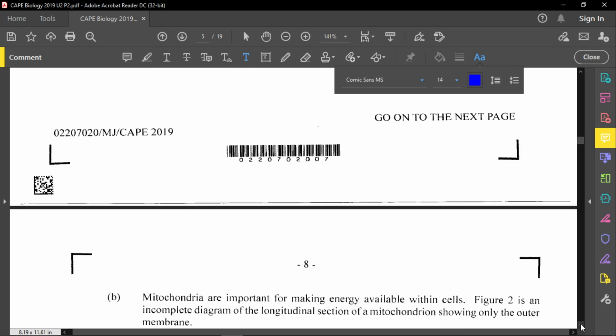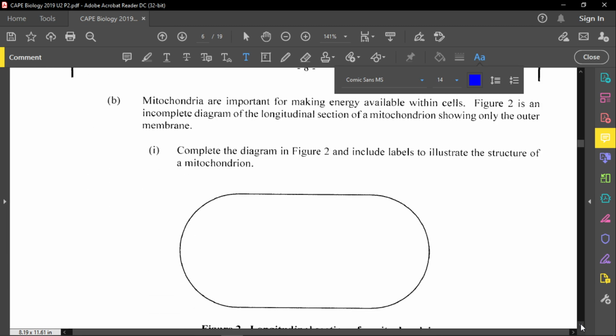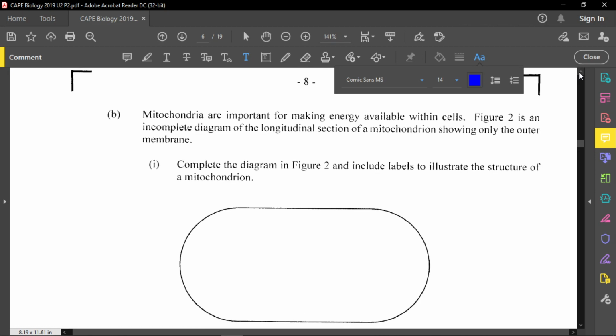Now let's jump on to the next part of this question, right? And this is part B. I'm going to end with part B for now. And so, in the interest of time, because time's against me. And so here now, it says mitochondria are important for making energy available within cells. So figure 2 is an incomplete diagram of the longitudinal section of a mitochondrion showing only the outer membrane.